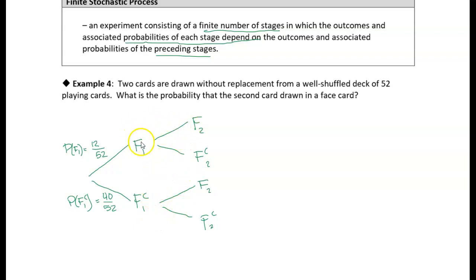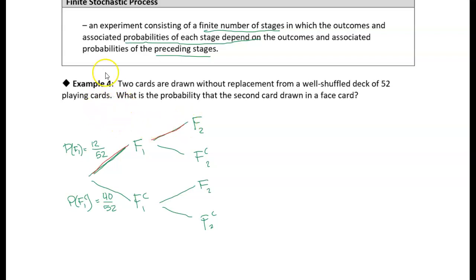Now we're going to go on to the second event of chance, the second stochastic event. If I follow this branch of the tree, going down this branch and then this branch, we've drawn a face card on the first draw, and we want to know the probability that we draw another face card.